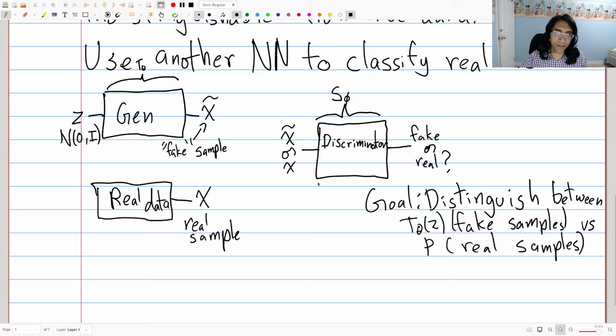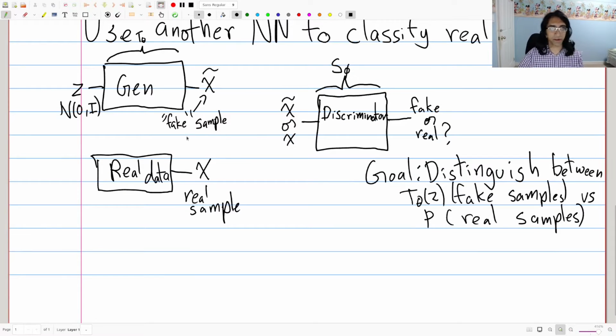So now you can see how these two components are kind of fighting against each other, in the sense that, for example, if the generator was able to somehow perfectly imitate the real data, then it doesn't matter what type of discriminator you have here. It would make no difference. It wouldn't be able to tell the difference between x versus x tilde if the generator is a perfect generator, that is, it can totally imitate the distribution, and therefore the generator would be the victor and the discriminator would have no choice.